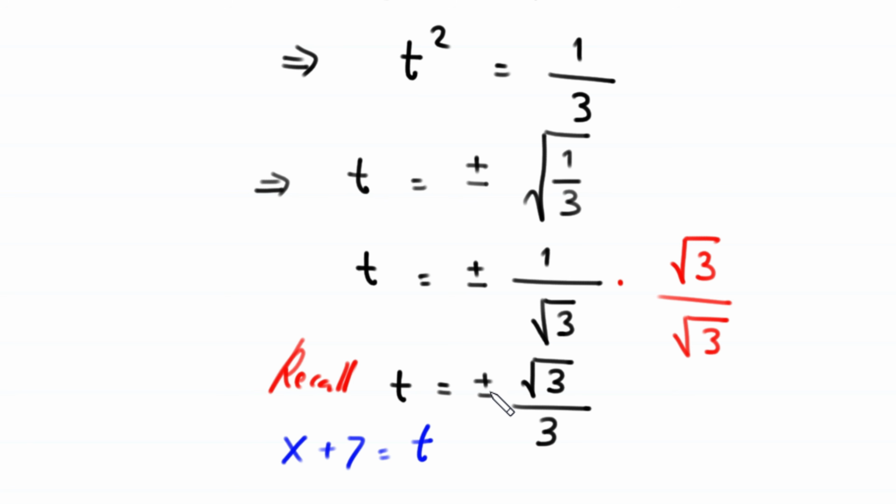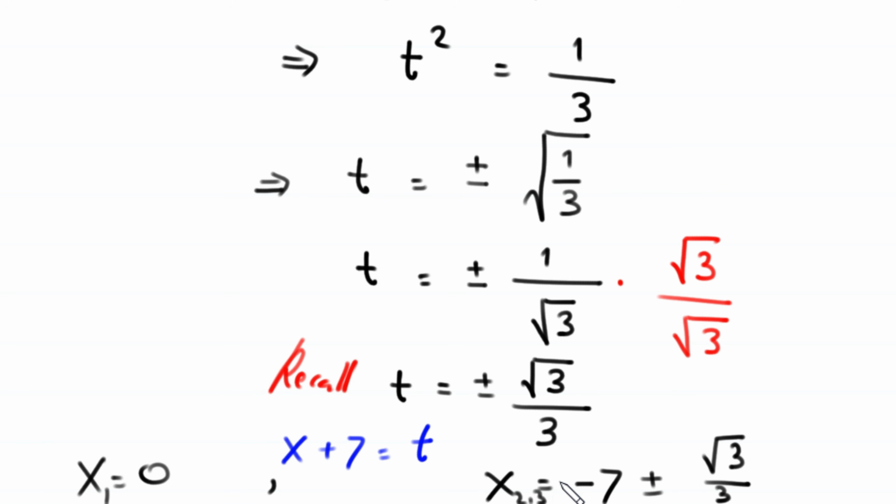Since t is equal to plus minus root 3 over 3, x will be equal to negative 7 plus minus root 3 over 3. And first we found that x is equal to 0. This is first and this is second and third. So we have 3 solutions for this equation: 0 and negative 7 plus minus root 3 over 3.